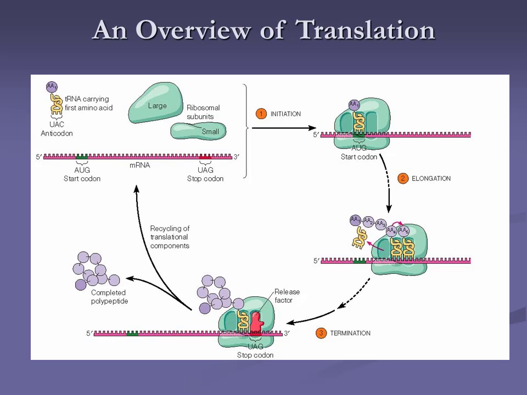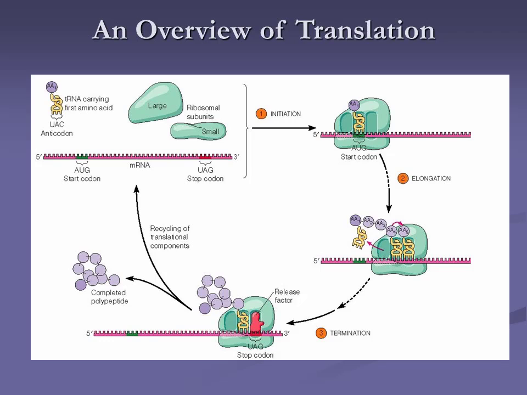Just like in that video, we bring in our A site transfer RNA, we shift over the amino acid to our growing peptide chain, slide it over. There is our, we'll say that's the transfer RNA for methionine. It's gone. And you keep doing it and doing it and doing it until we get to the stop codon, where we're actually going to have something that resembles a transfer RNA, but it's not.